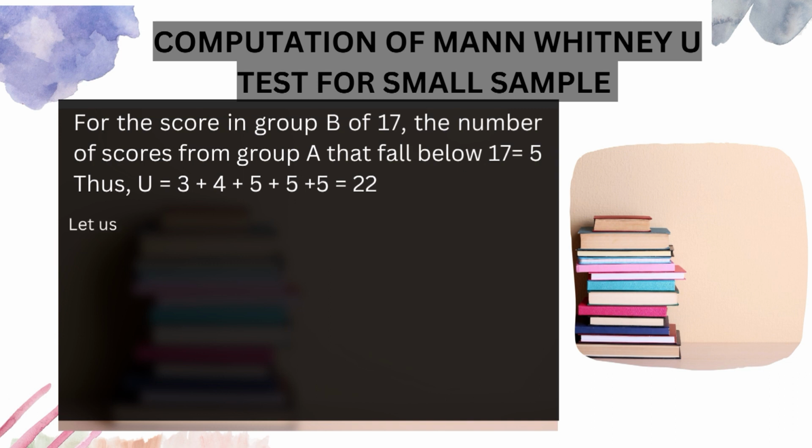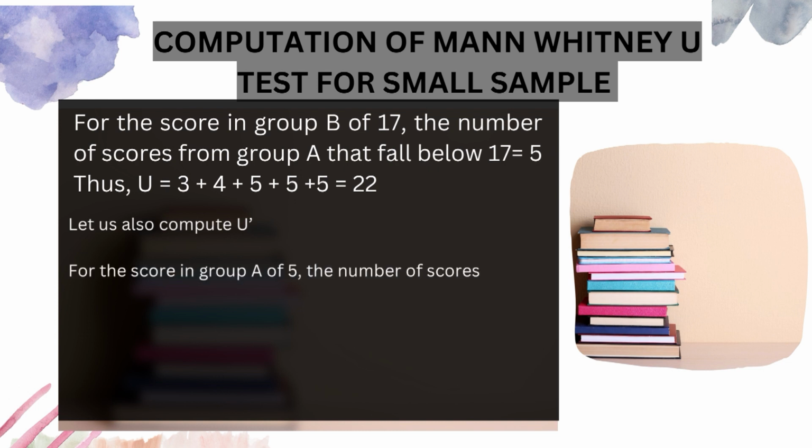Now, let us also compute U dash, the value for the second population. For the score in group A of 5, the number of scores from group B that fall below 5 is equal to 0.